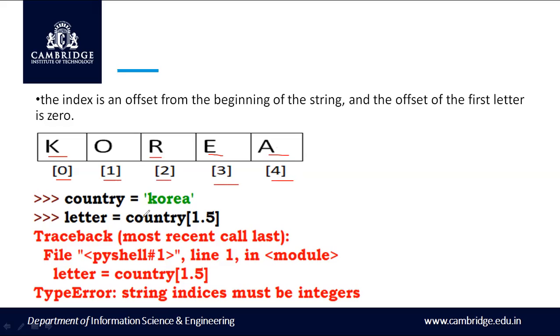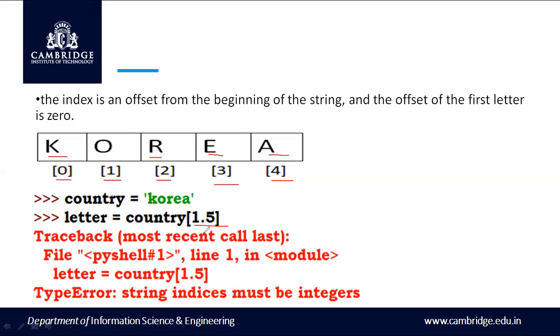Now if I want to give 1.5 instead of an integer, a offset value with a floating point number. From the previous example, we had taken the offset value as 1.